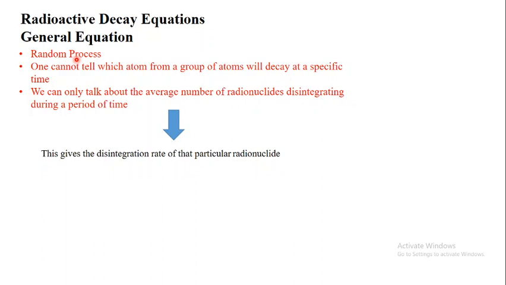So in order to study the half-life, mean life and activity terms, we should take some basic information. That one is a random process, meaning there is no specificity for a radionuclide to be disintegrated. One cannot tell which atom from a group of atoms will decay at a specific time. So it is totally a random process.